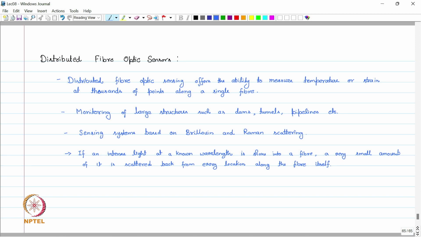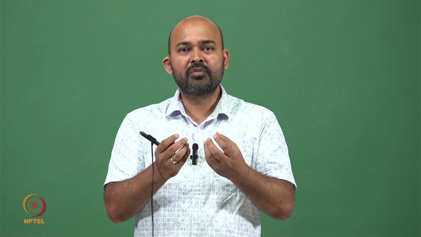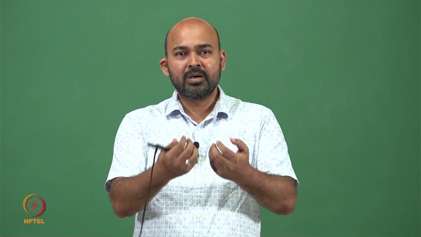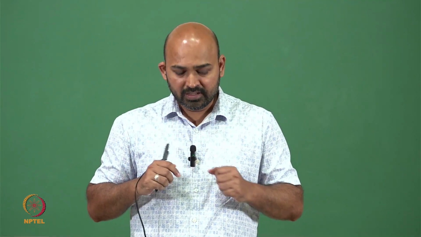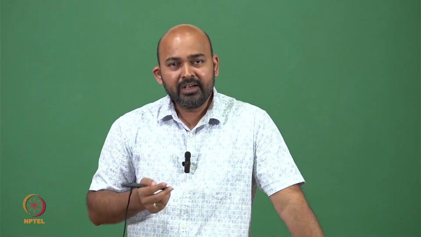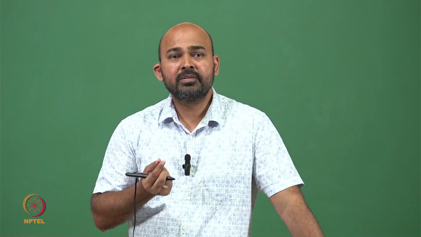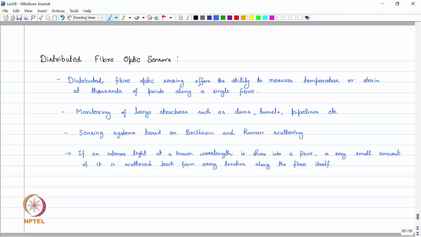So when we are shining an intense light into the optical fiber across its entire length, there is a scattering of light, and that light comes back to us, which we can measure using an optical detector. Now this optical wave or the light is made up of photons, which have a particular wavelength, which we have already written here: the known wavelength we send with a very high intensity.